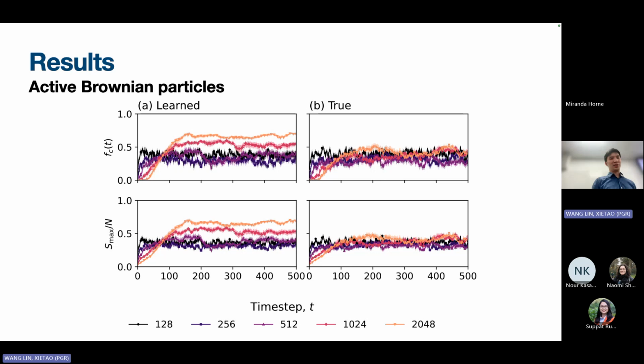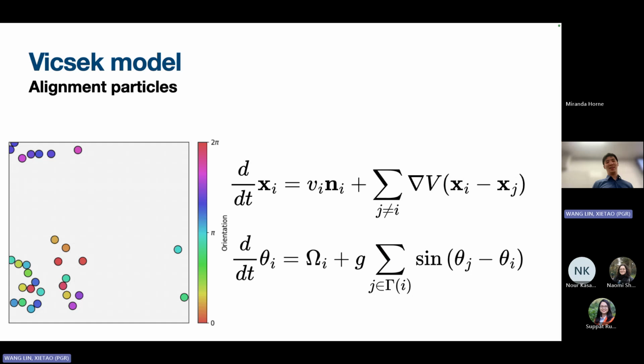Other than that, we'll move on to the next poster child, I guess, of active matter, which is the Vicsek model. The top equation remains the same, except now the orientation of the particles can change.